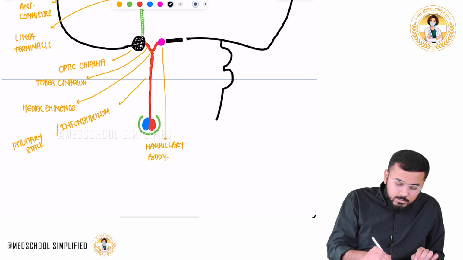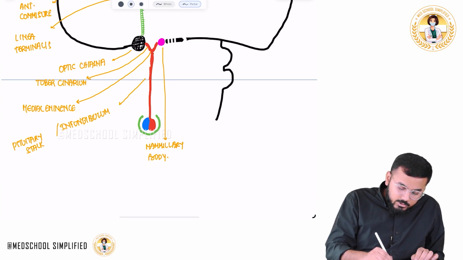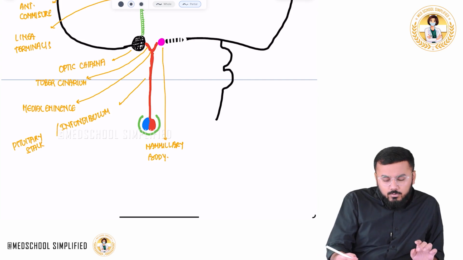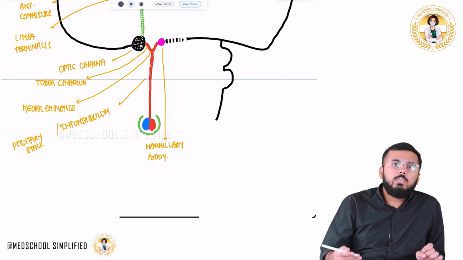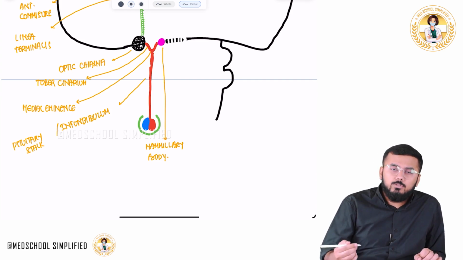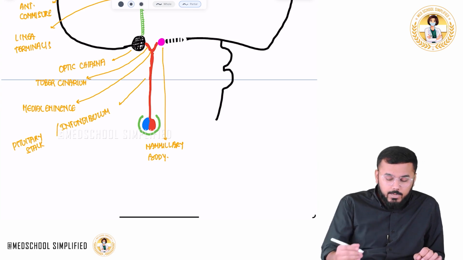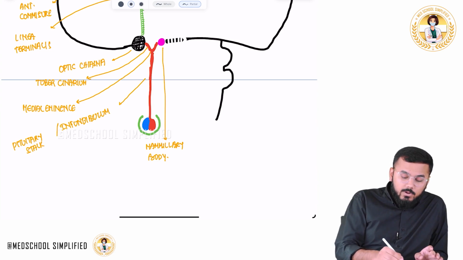Just behind this mammillary body I am drawing another structure, and you see it is making holes within the substance. This perforated substance is called the posterior perforated substance. Where is it present? It is present behind your mammillary bodies. So just remember this. What is the first important thing we have discussed?